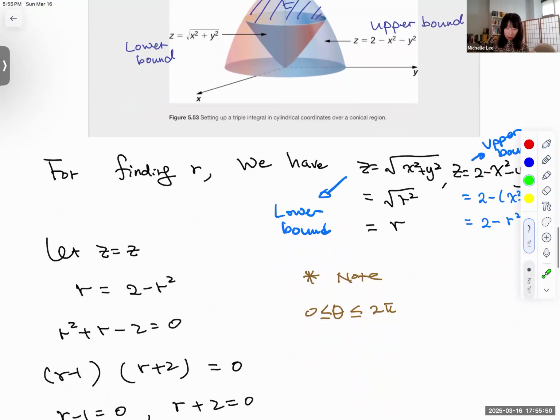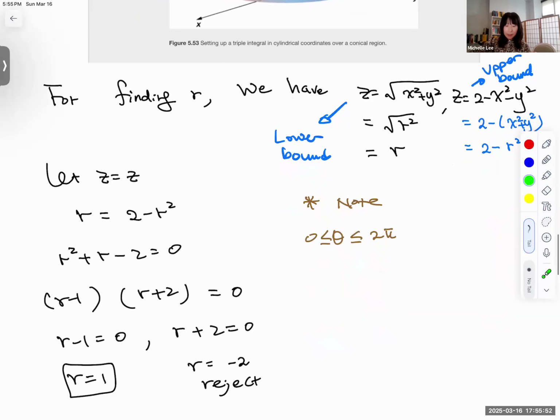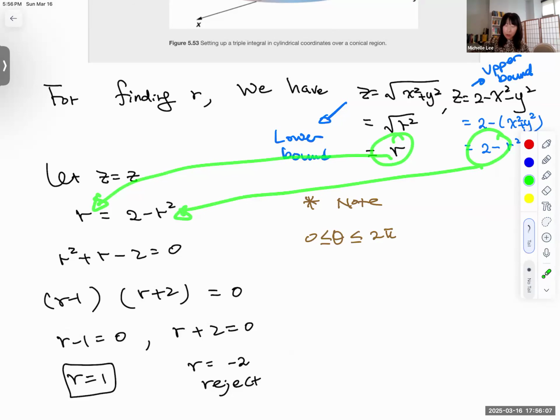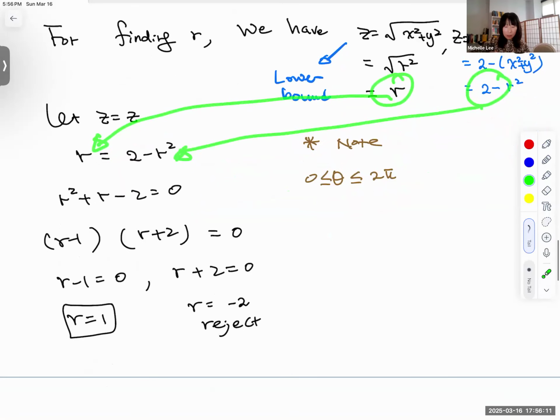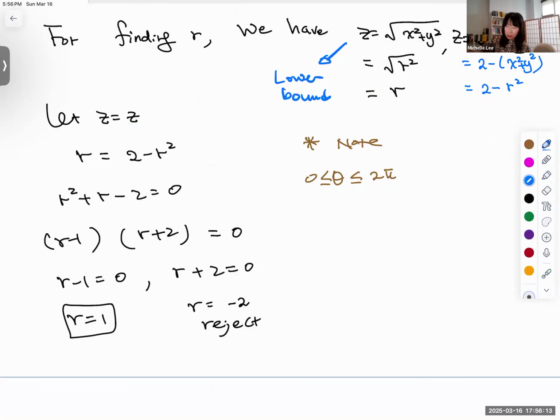We want to find r, so let's set z equal to z. Then we can express z in terms of r. On the left side, z is r, and on the right side, z is 2 minus r squared. Then solve for r.